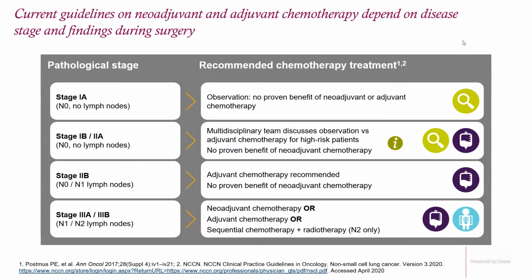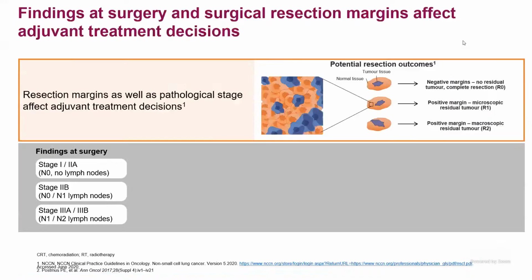No proven benefit of neoadjuvant chemotherapy. Stage 2B, adjuvant chemotherapy is definitely indicated, but again, no proven benefit of neoadjuvant chemotherapy. Stage 3A and 3B, neoadjuvant or adjuvant chemotherapy is indicated, and radiotherapy in a selected group of patients. And now we've got neoadjuvant immunotherapy, adjuvant immunotherapy, and TKI is coming up.